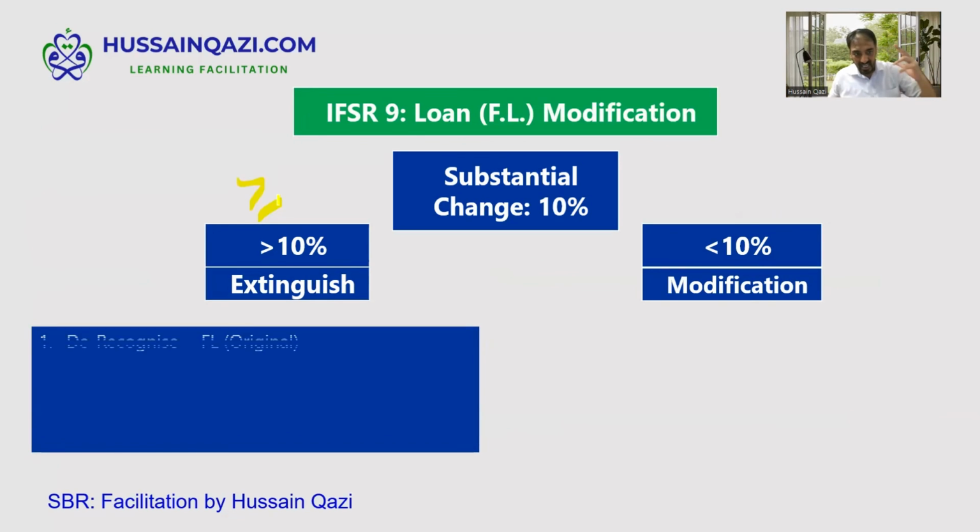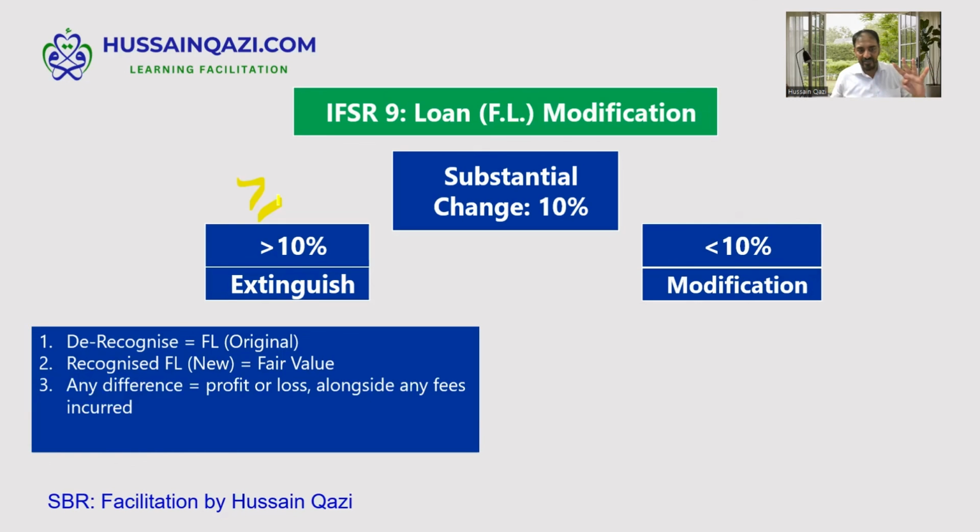In case of extinguishment, derecognize the original financial liability and recognize a new financial liability at fair value. Any difference goes to profit and loss, alongside any transaction fees. Subsequently, the new financial liability must be accounted for under the amortized cost method with the new effective interest rate.